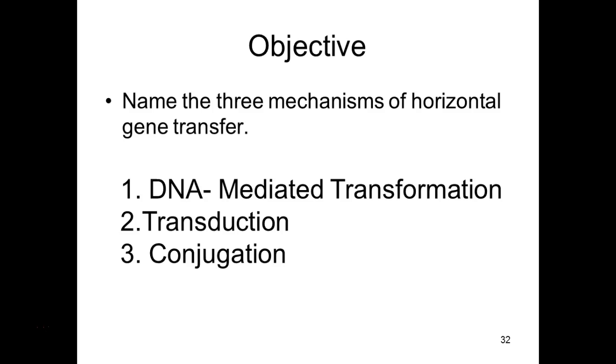But they can gain things that are beneficial this way, right? So how is it that they transform in this case? They literally pick up pieces of DNA from the environment and they incorporate it into their chromosome or into a plasmid and utilize that information. And again, it's information to make something.